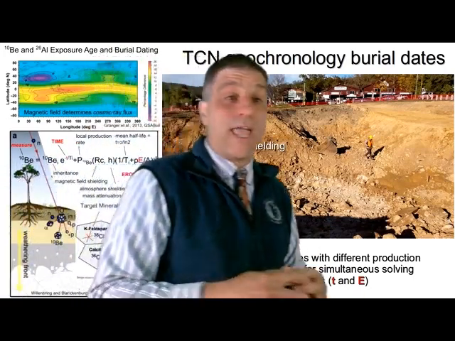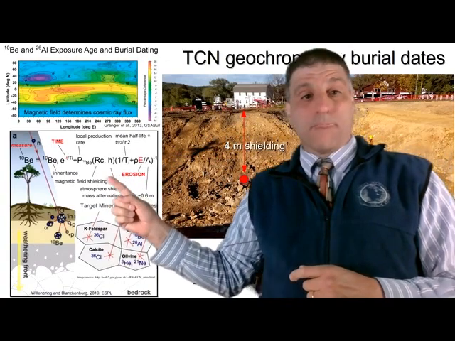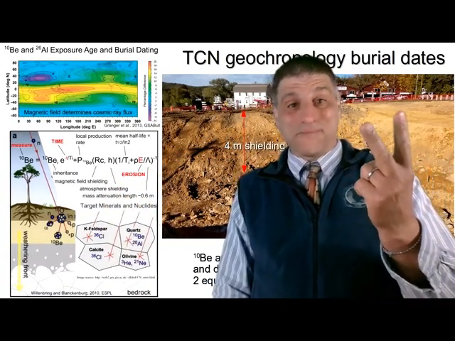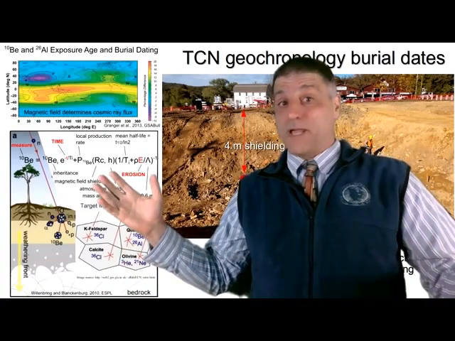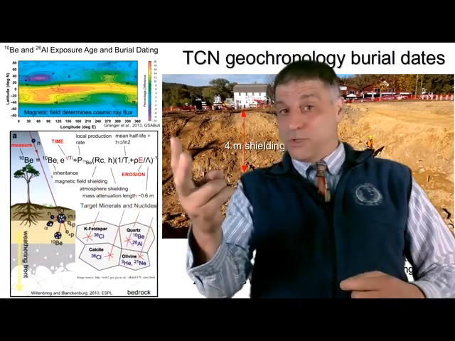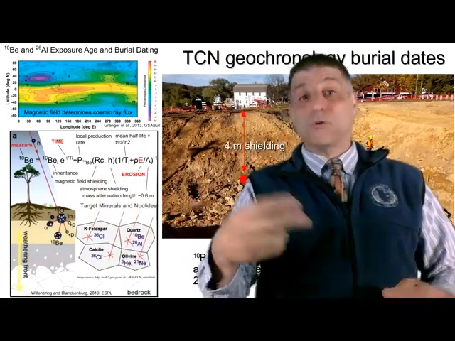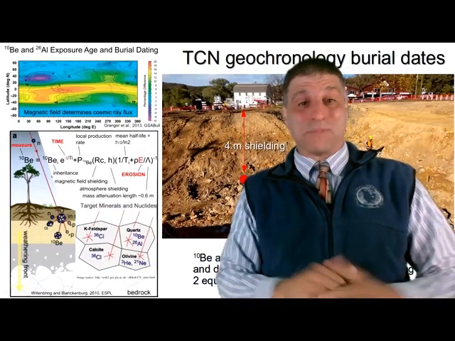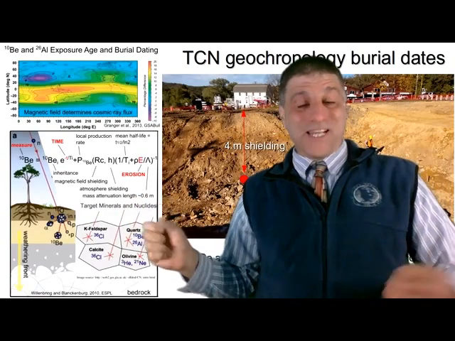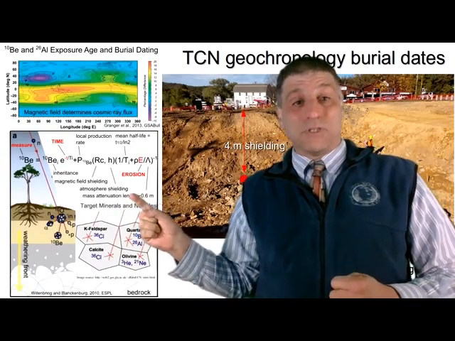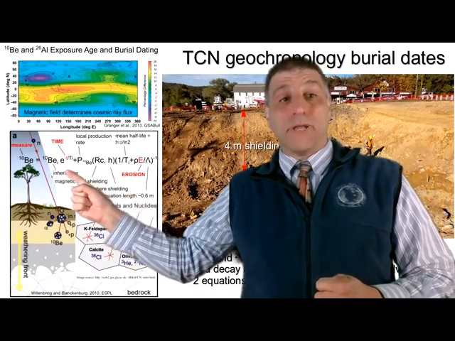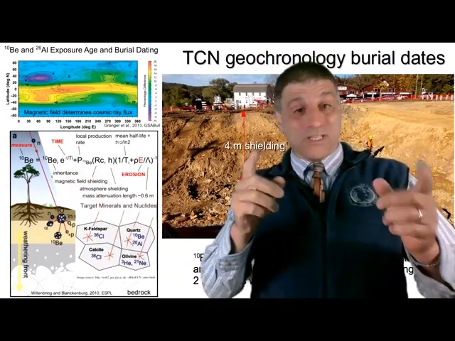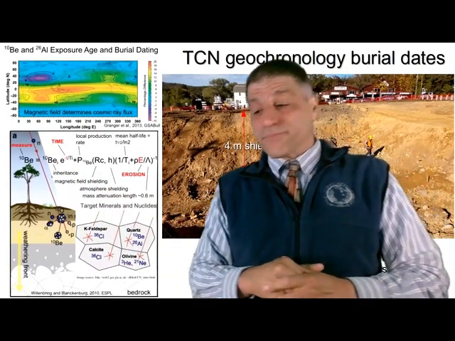And so now I have, for this equation, two unknowns, but I have two nuclides, right? And so you remember back from high school math, two equations with two unknowns, I can solve both of those equations and get my unknowns at the same time, right? Simultaneously. And so in this case, with the two, I'll get both a burial age and I'll get an erosion rate with this double measurement.